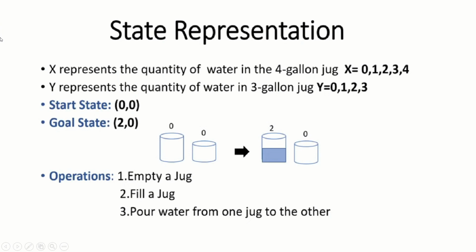Then the start state is 0, 0 and our goal state is 2, 0. Here our goal is exactly 2 liters of water in the 4-gallon jug. Our operations: you can empty a jug, fill a jug, or pour water from one jug to another jug.